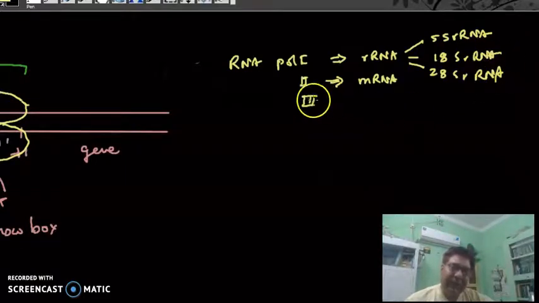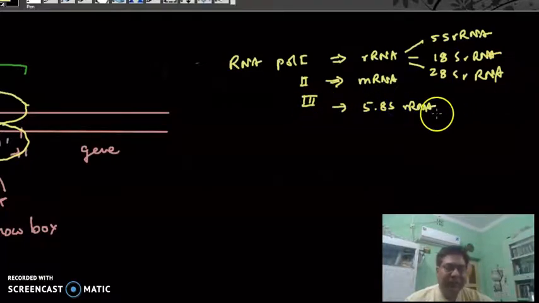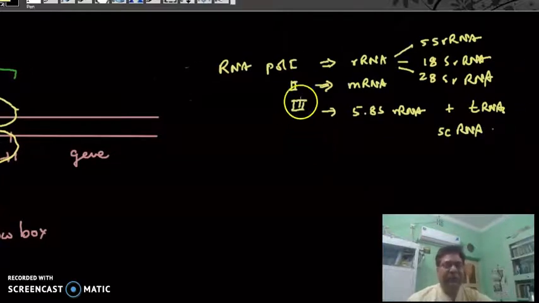That is synthesized by RNA polymerase 3. And the main function of polymerase 3 is to synthesize tRNAs and also some small cytoplasmic RNAs. So these are different RNA polymerases engaged in different functions in the eukaryotic system.